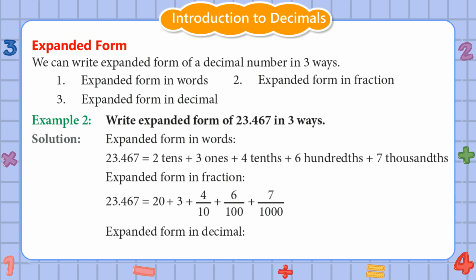Expanded form in decimal. 23.467 is equal to 20 plus 3 plus 0.4 plus 0.06 plus 0.007.